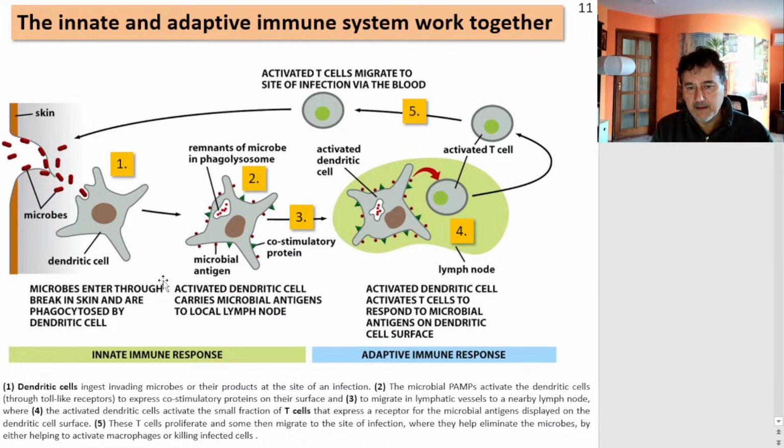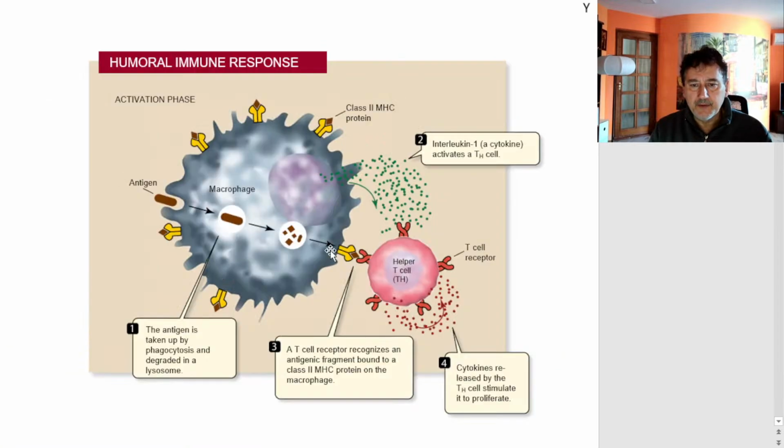They eat the bacteria and then they display some antigens of the bacterial cells on their surfaces, and they move to the lymph node and show this to the T cells and thereby activate the T cells. I will show you soon how it occurs.